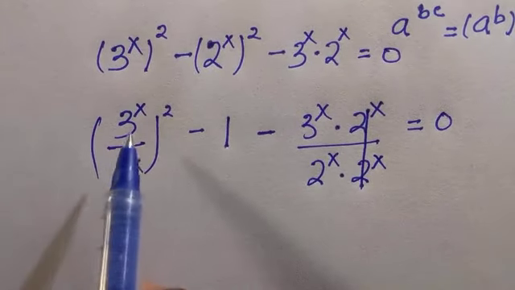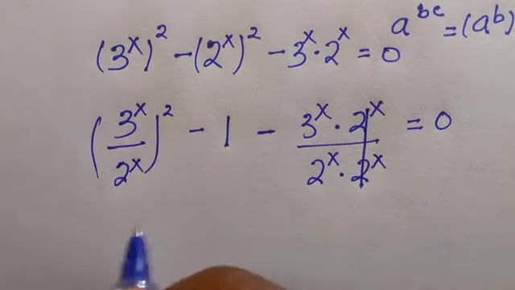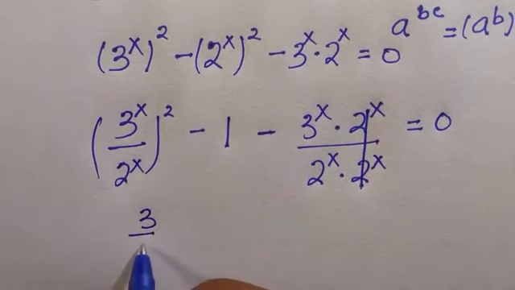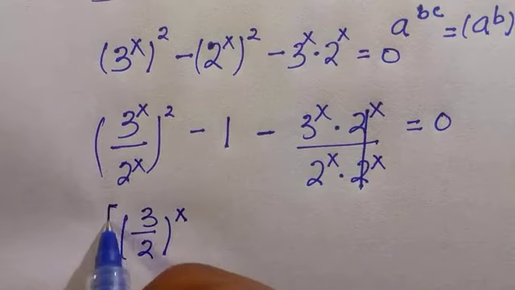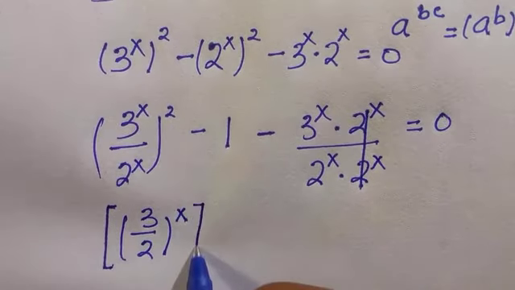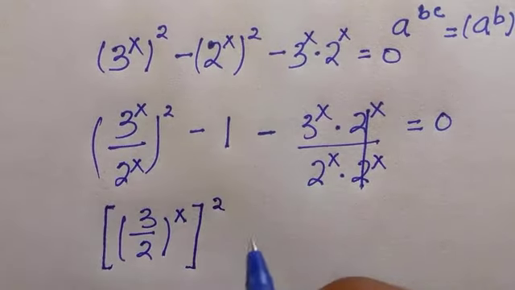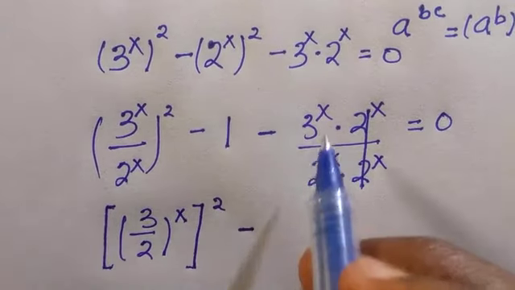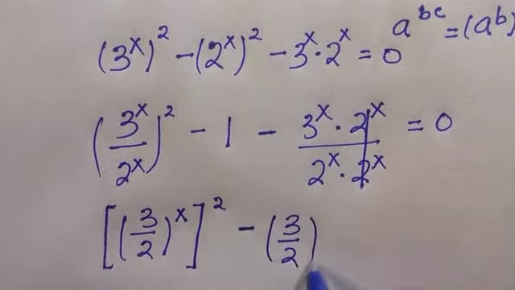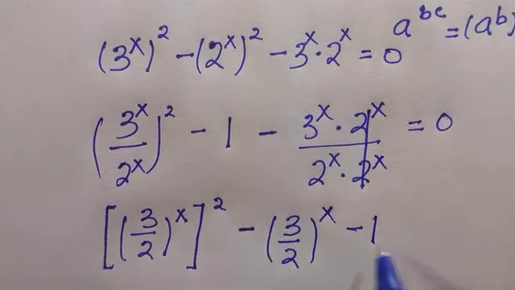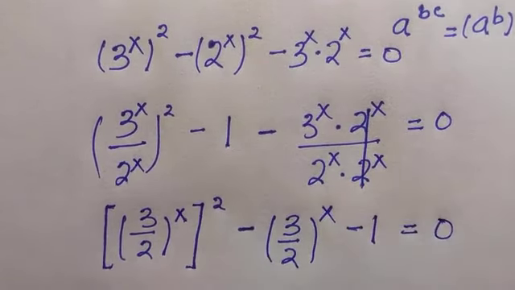Therefore, since both of them are sharing power x, we can have it as 3 over 2 raised to power x, and everything raised to power 2 with this square bracket, then minus, for this as well we have 3 divided by 2 raised to power x minus 1 equals 0.